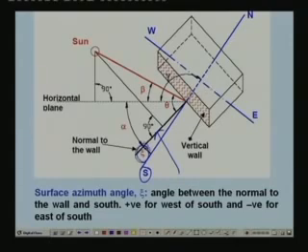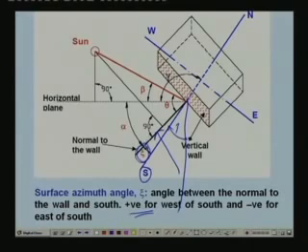If the normal is somewhere here, let us say, then zeta becomes this. That means zeta is always defined with reference to the south direction and the normal to the surface. The normal to the surface obviously depends upon the orientation of the surface and the direction in which the surface is facing. And the convention here is that it is taken as positive for west of south.